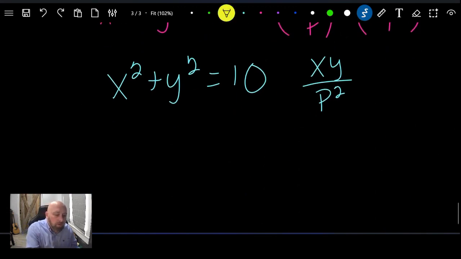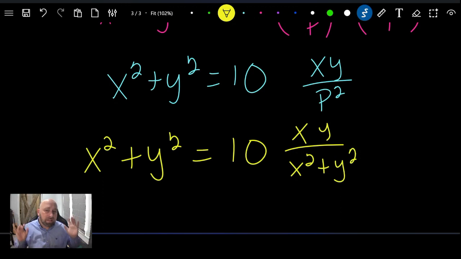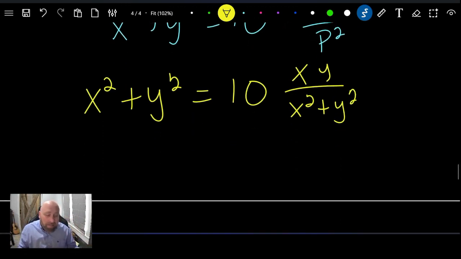So then we're going to do it basically one more time here. x squared plus y squared equals 10 times xy over x squared plus y squared. We finally got it all into x's and y's. Lots of substitution going on there.